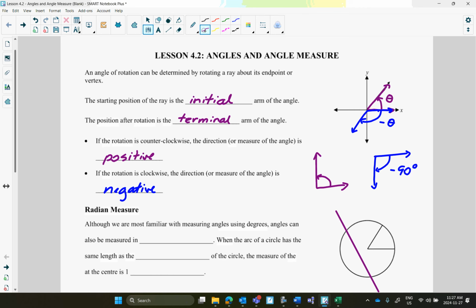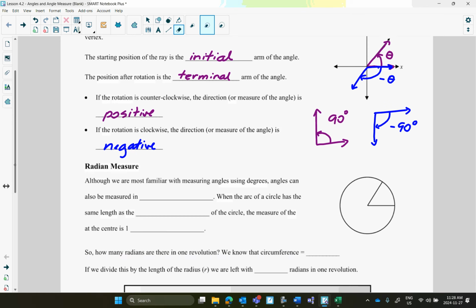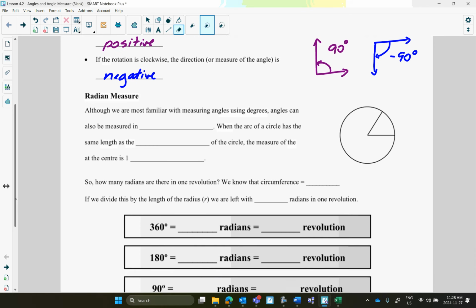Where this is positive. So that's something to keep in mind, that we can do negative angles, which means that we can find the trig ratios of negative angles, which means that we could solve equations that involve negative angles if we wanted to. We won't go there. We're just going to use positive, but we'll get to that later.